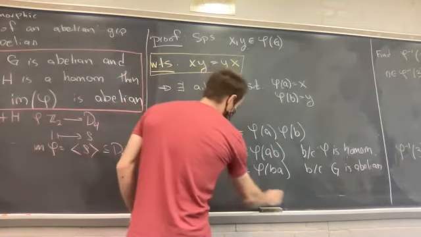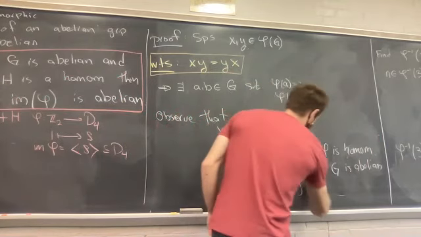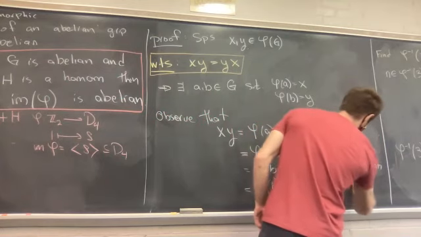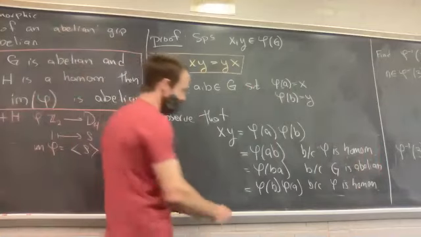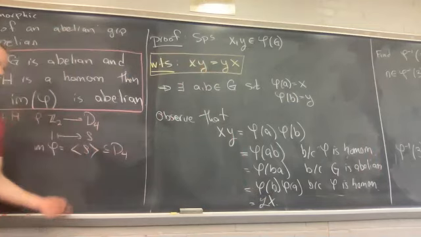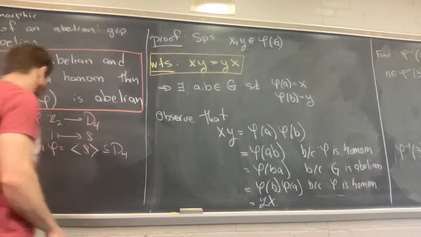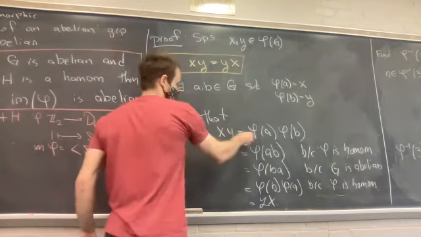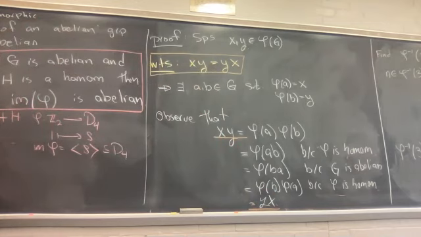But now we can split this up again. This is phi of B times phi of A, and that's because phi is a homomorphism again. But finally, that's equal to Y times X, just by renaming that back to what we had before. But starting here and ending here is exactly what we wanted in order for this to be abelian. Okay. Cool.